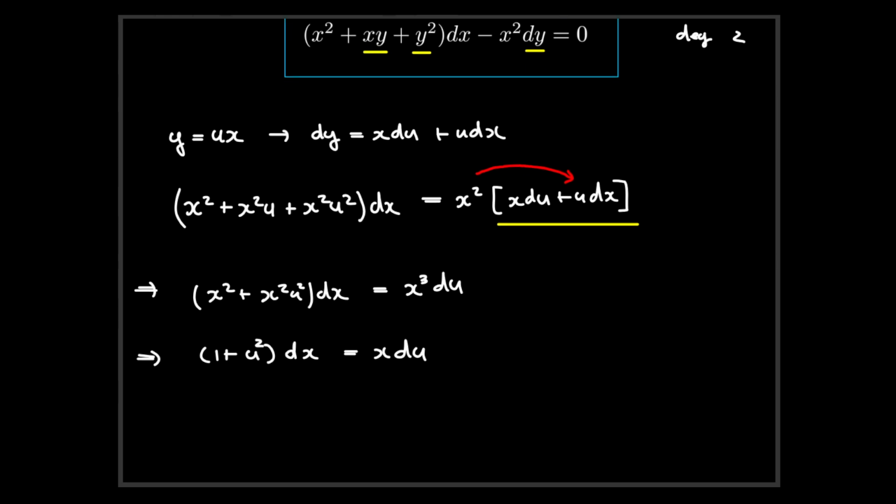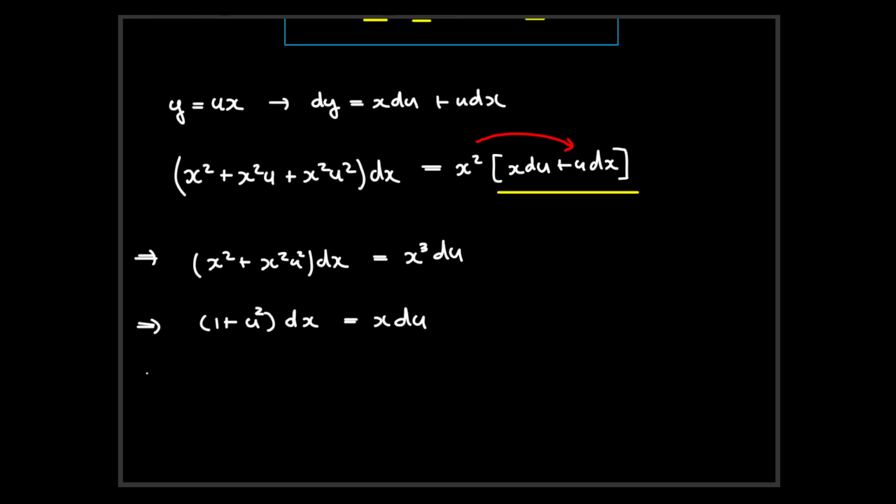And now this is a separable differential equation, so let's solve it. We get 1 over x dx is equal to 1 over 1 plus u squared du. And now we integrate both sides.